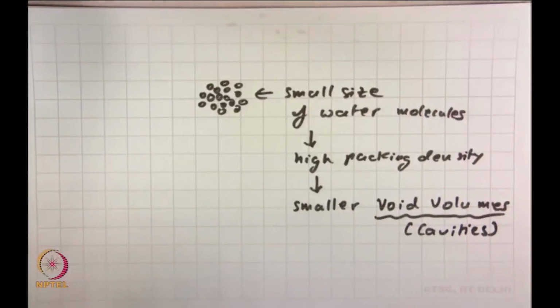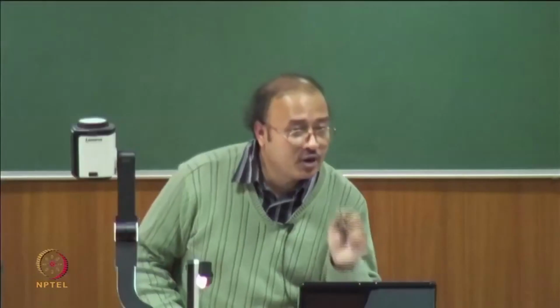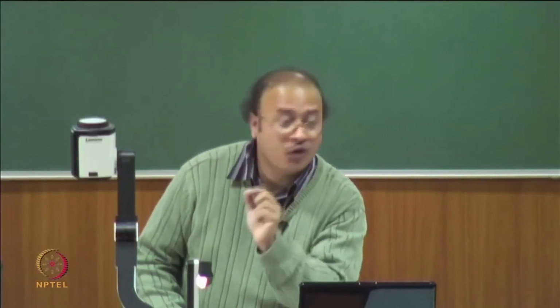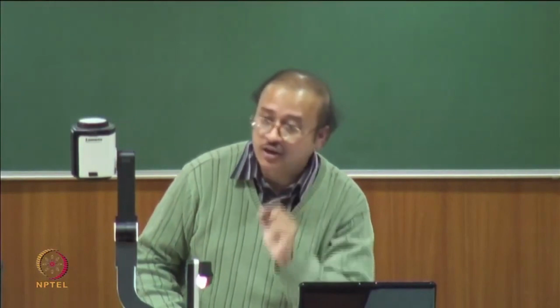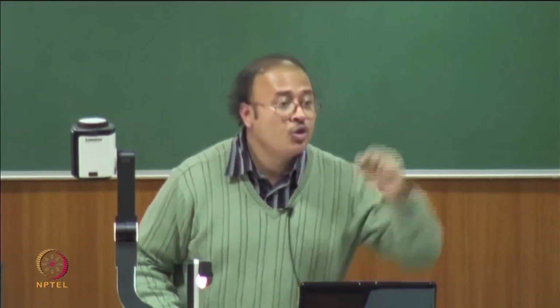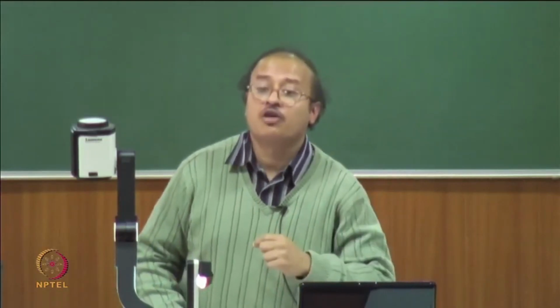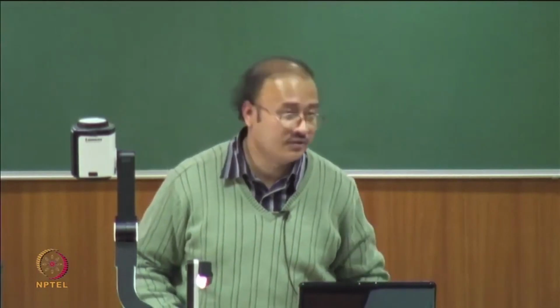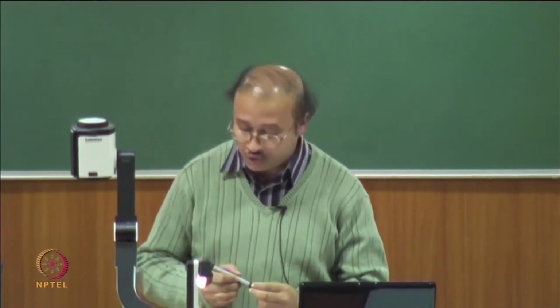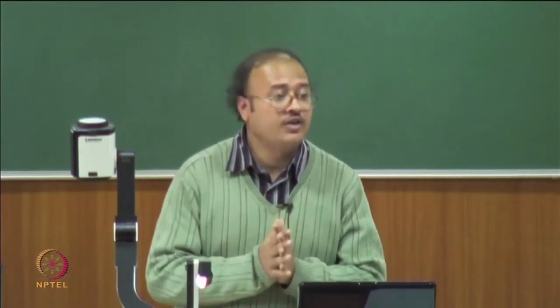So, this one is clear to you. If the size is small, they would pack a lot more densely, and hence because the packing density is very high, the number of gaps or void spaces would be very low. So, definitely to take a hydrophobic molecule and put it inside, you have to put in more work, put in more energy in creating a cavity, as opposed to large spherical particles.